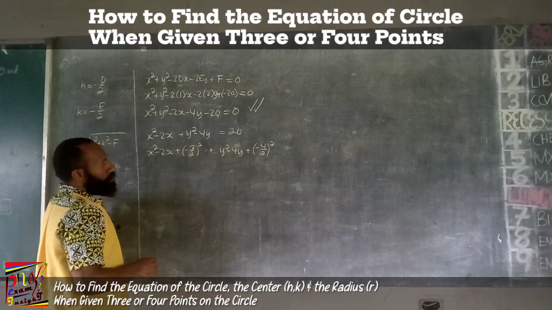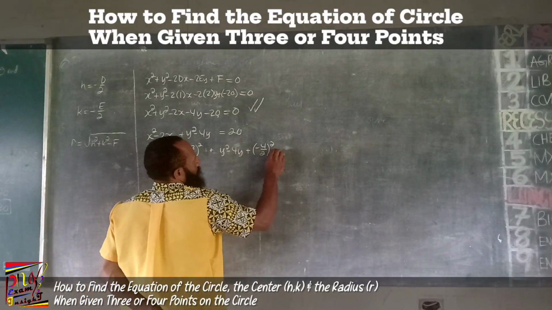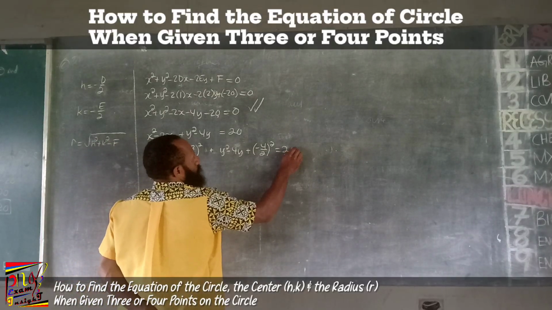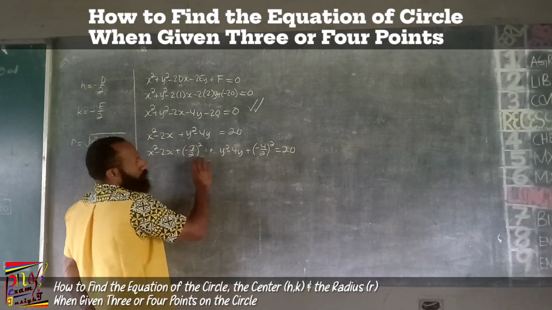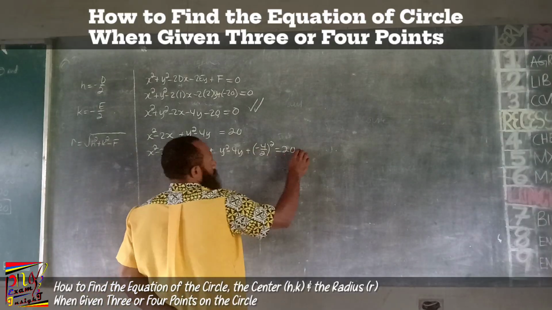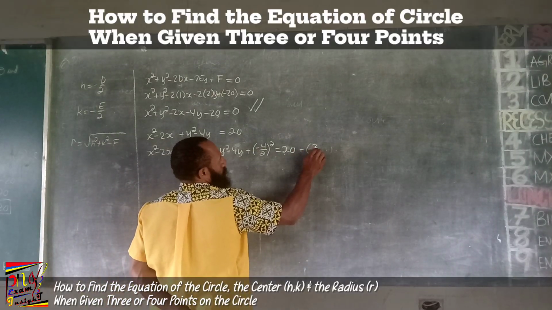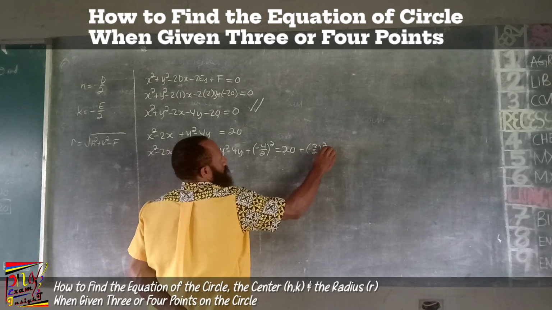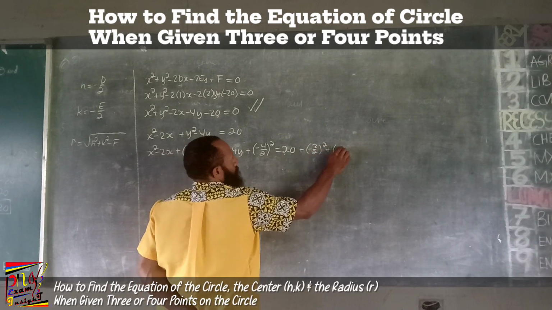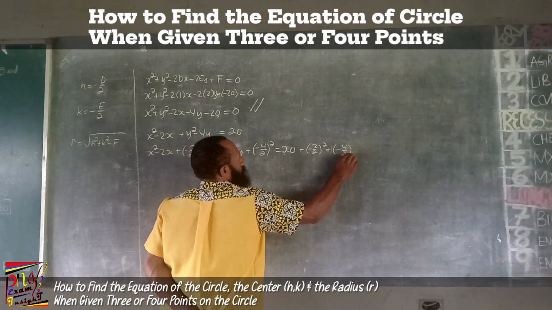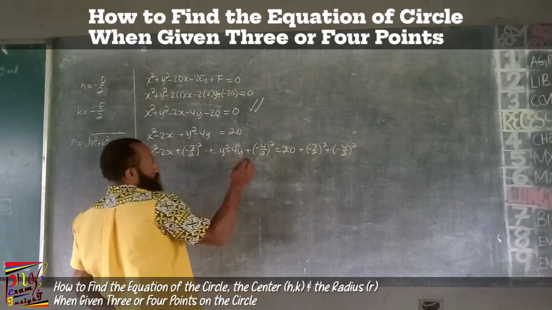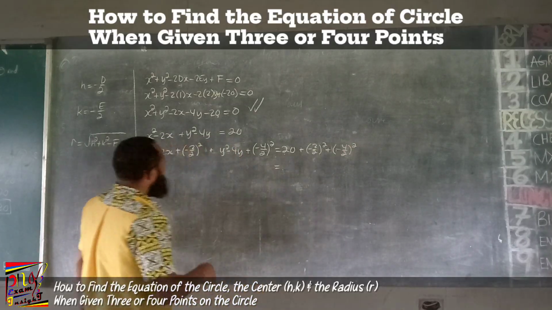Are we following? Now equals to 20. We're going to add these two terms on the other side as well. So we got minus 2 on 2 squared and minus 4 on 2 squared. So now we can go ahead and simplify.